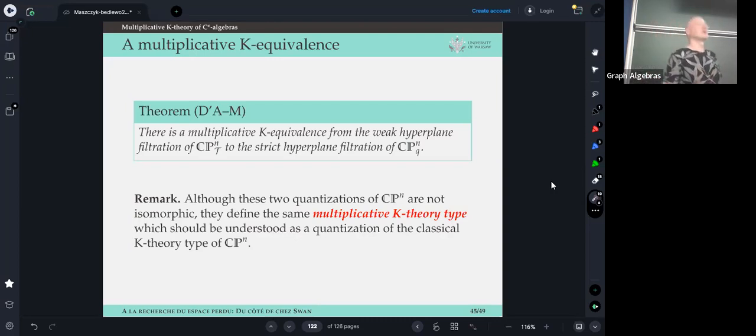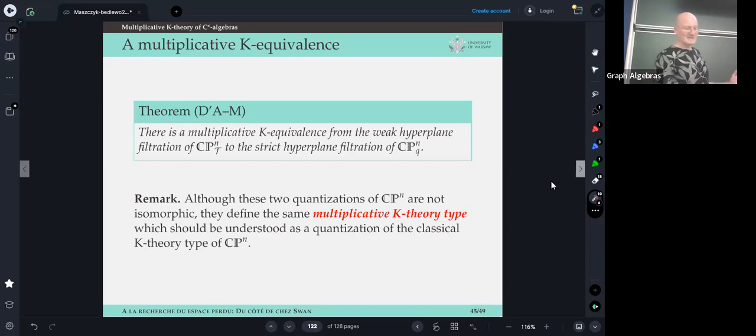So this means that quantization is not a univalent operation. You can quantize things in many ways. So it's astonishing that going in completely different worlds of quantum construction, quantum deformation, we obtain things which are related by this K-equivalence.